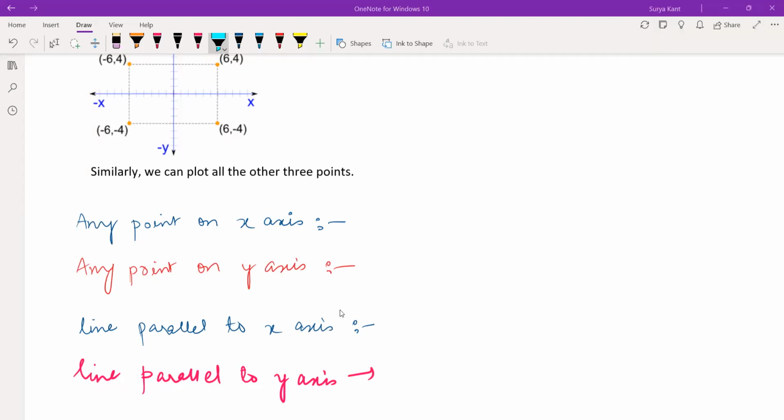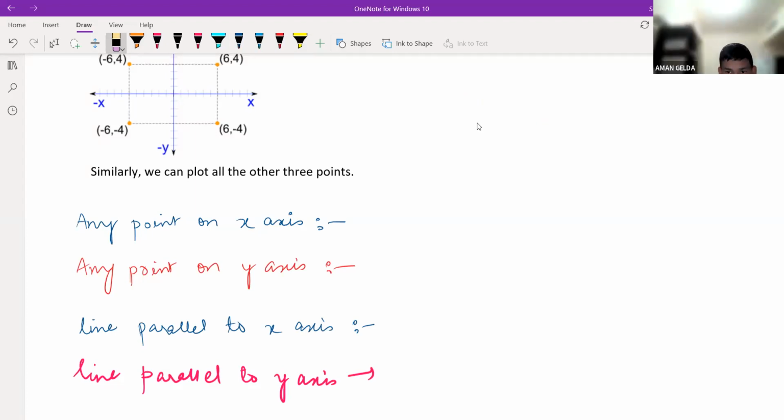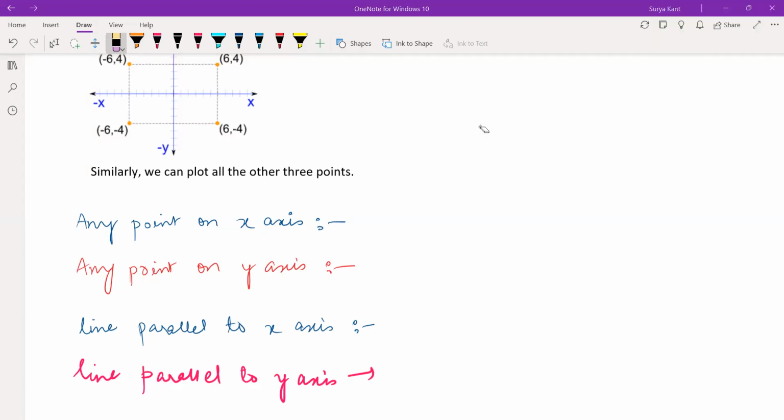Aman, if you write 6, 2, it denotes a point. It's not a line, right? If you write 6, 2, is this a point or a line? This is a point, right? Yes, sir, I should tell the line. Line you should tell.